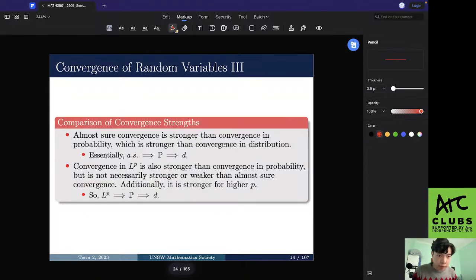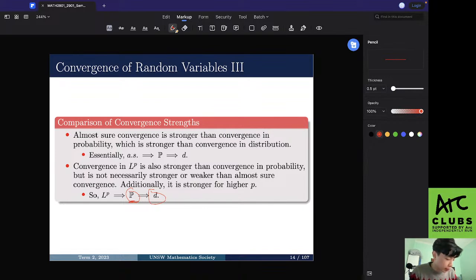So why do we need to know this? Well, essentially, we have different types of convergence because they represent different strengths. Generally, convergence in distribution is the weakest of every single one. And we say that convergence in probability is stronger than convergence in distribution, because if we know that something converges in probability, then we know that it converges in distribution, and we don't know that the other way around.